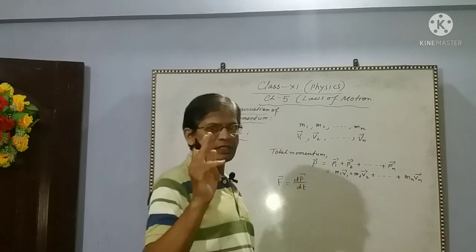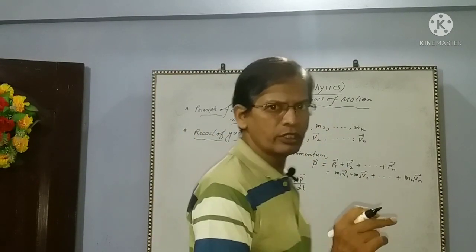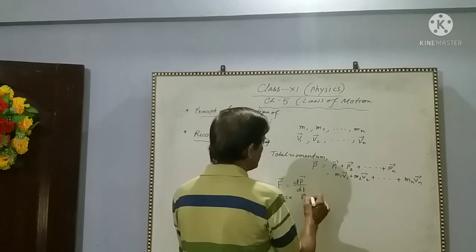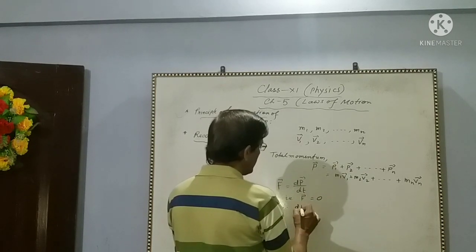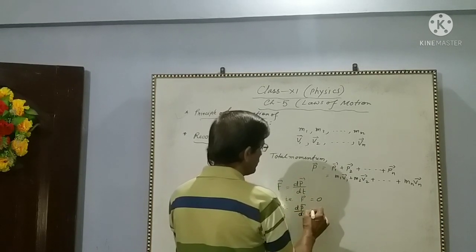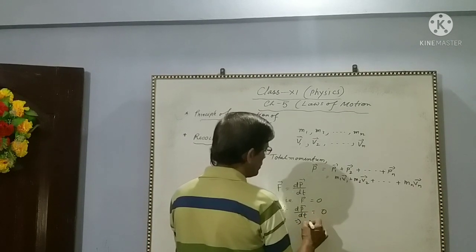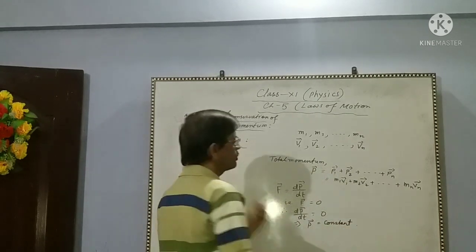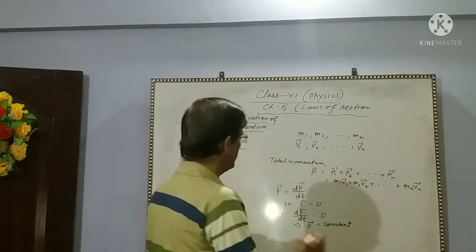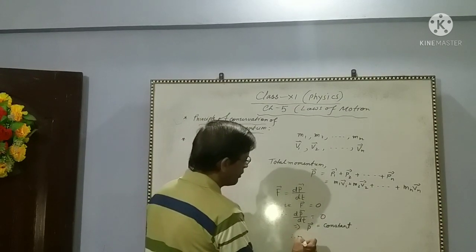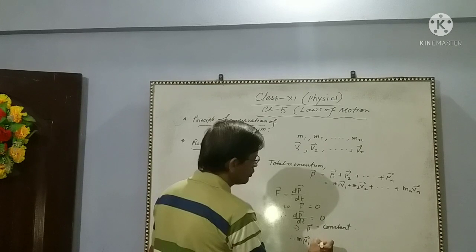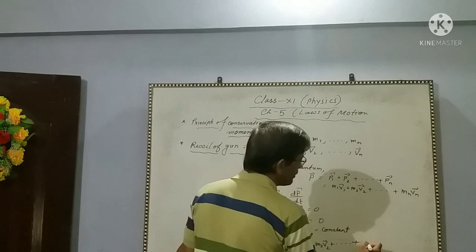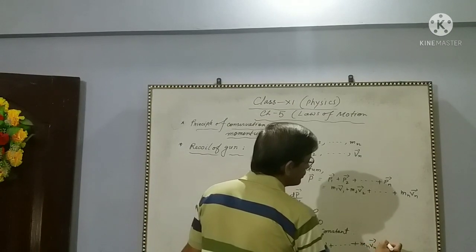But the system is isolated, so the external force is 0. That is, F equals 0. Therefore dp by dt equals 0. That means P equals constant. So m1 v1 plus m2 v2 plus up to mn vn equals constant.